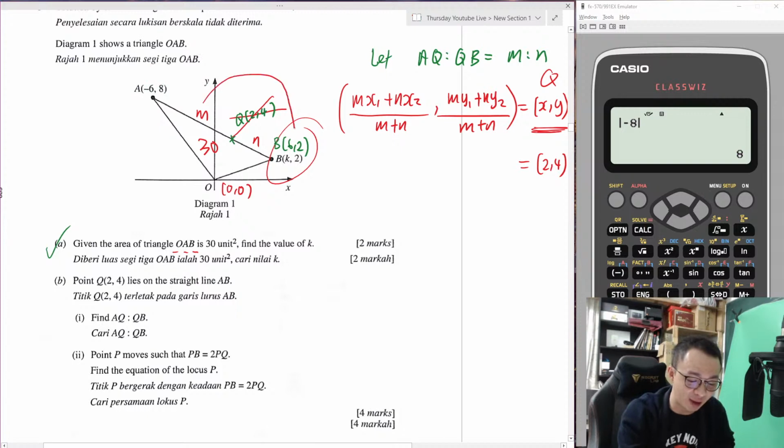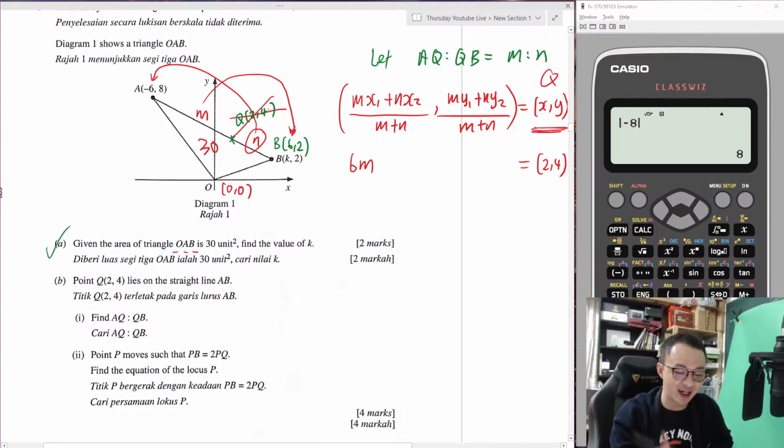So M need to multiply the 6 here. Become 6M. Then the N need to multiply the further X value, which is negative 6. If you multiply the 2 here, or you multiply the 6 at beside here, then you got wrong. Okay, remember, you must always multiply the further X value. This is minus 6N divided by M plus N.